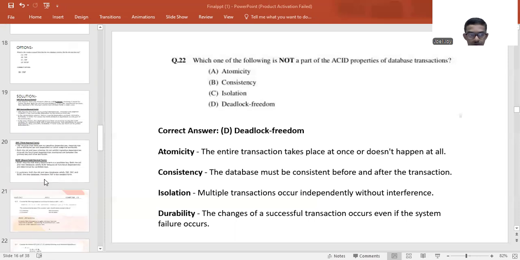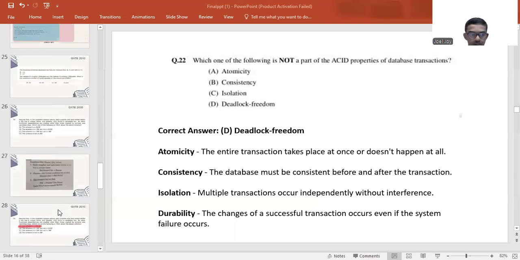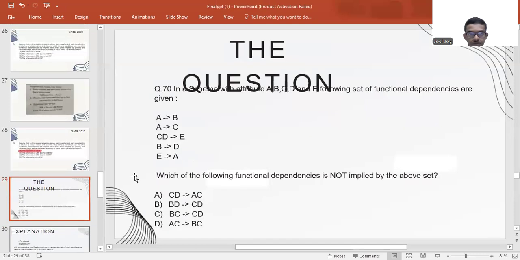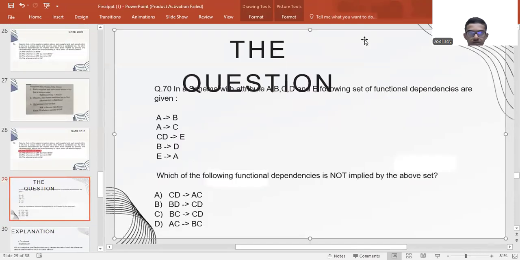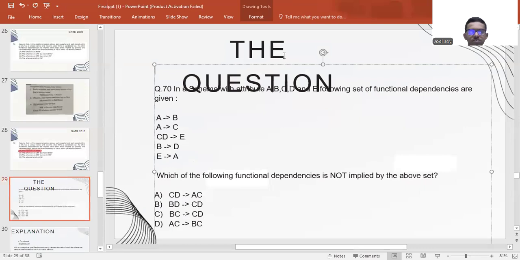Now let's move to the next question. The question is not visible here clearly, but it says that in a schema with attributes A, B, C, D, and E, the following set of functional dependencies are given: A implies B, A implies C, CD implies E, B implies D, E implies A. Now we need to find out which of the following functional dependencies is not implied by the above set.